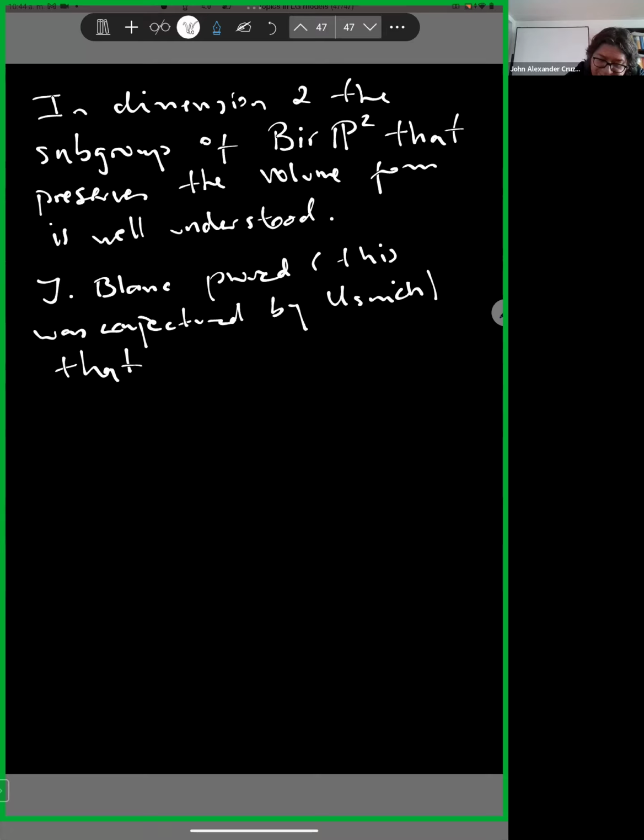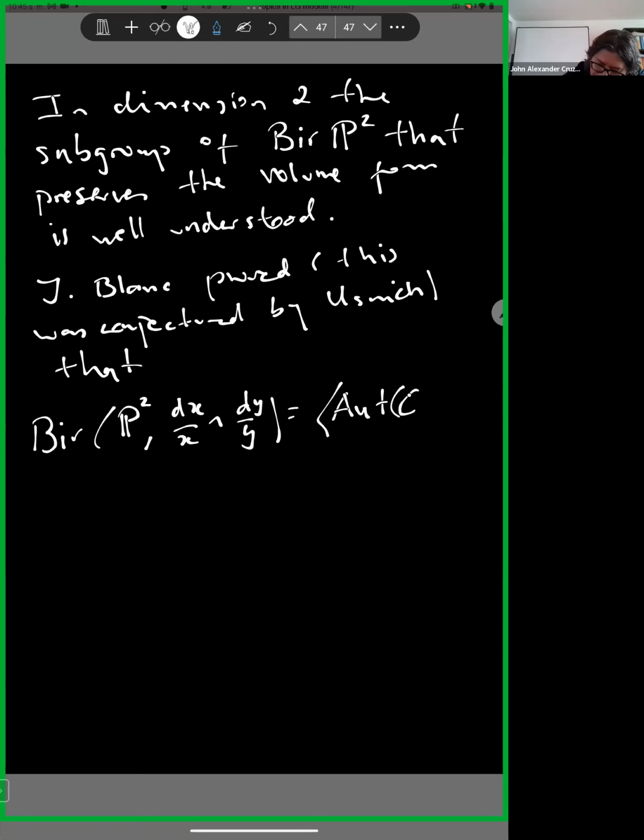They proved that the group of birational transformations of P2 preserving the volume form is generated by the group of automorphisms of the torus and some particular P. This P is just these mutations.